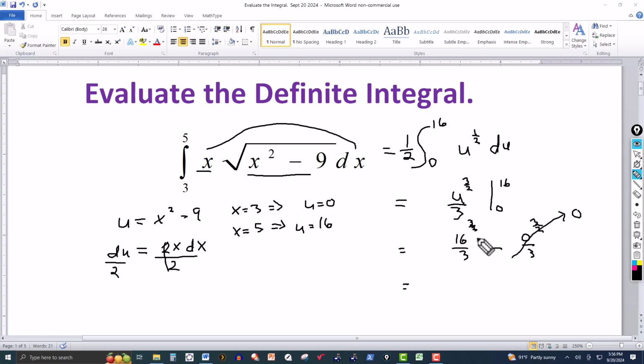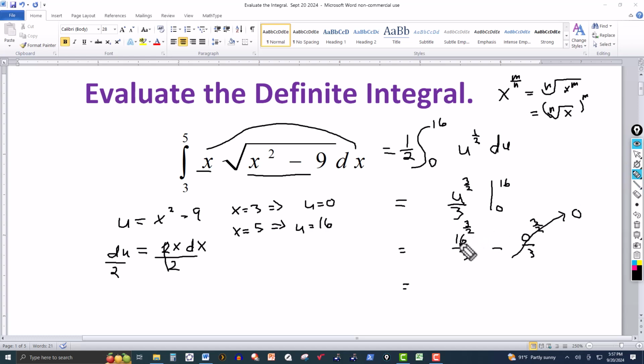There are several ways I could evaluate this. Let me give you a little formula here. x to the m over n, where we're assuming m and n are positive integers. You can write this as the nth root of x to the m, which is also the same thing as the nth root of x, to the m power.